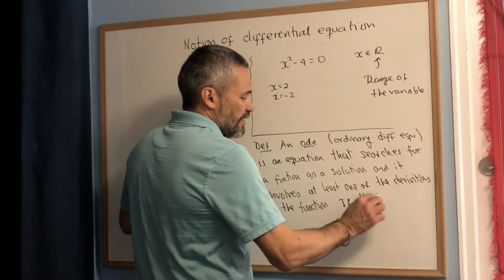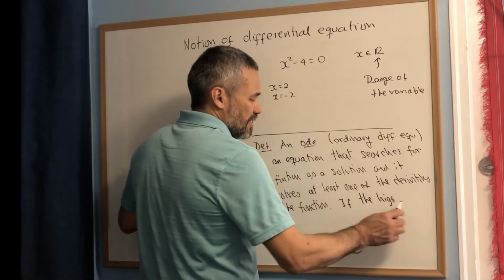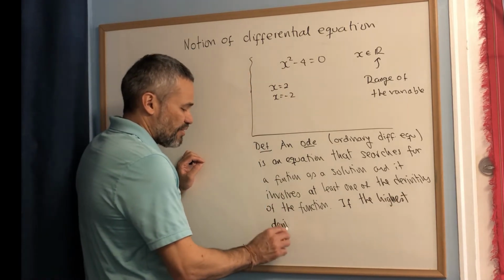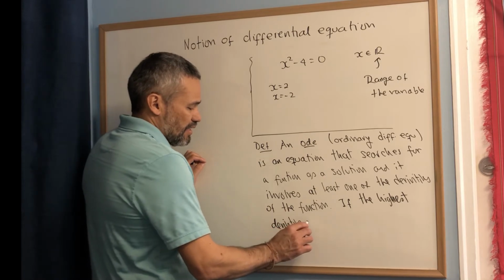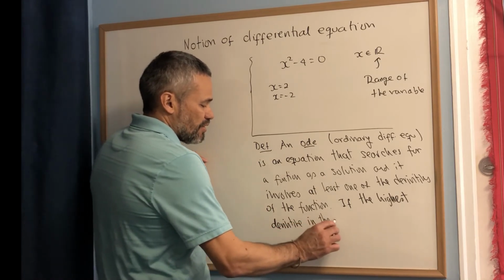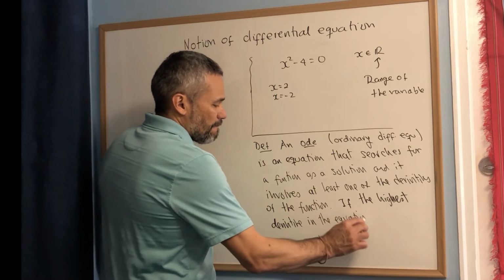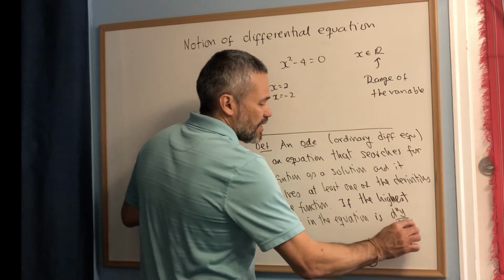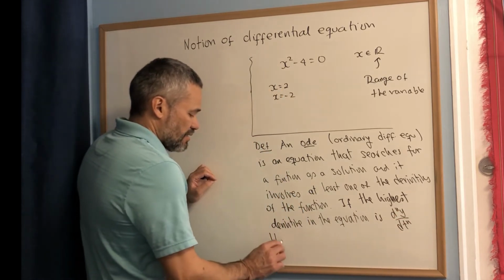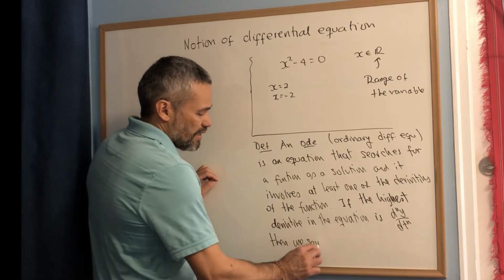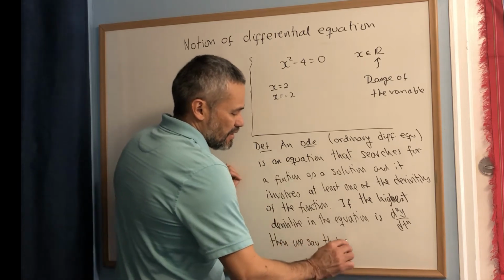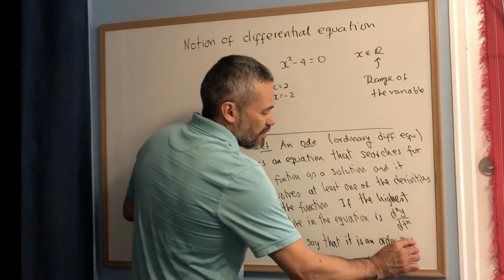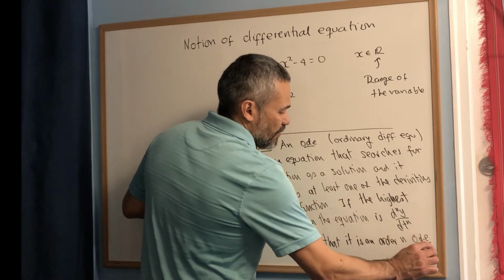If the highest derivative in the equation is the derivative of order n, d^n y with respect to t to the n, then we say that it is an order n ordinary differential equation.